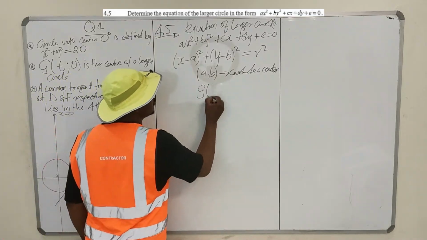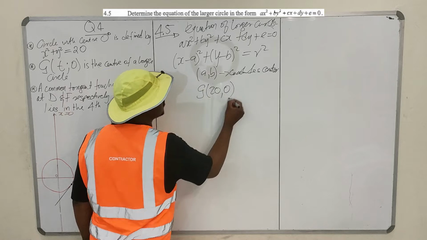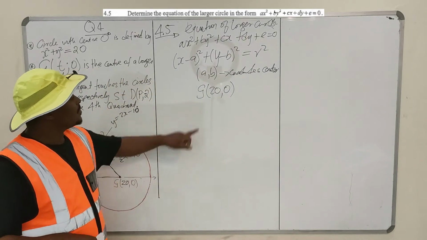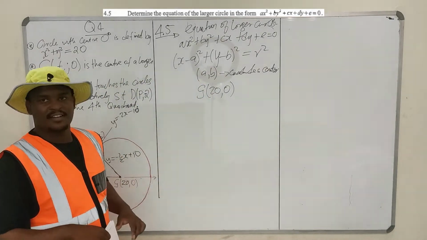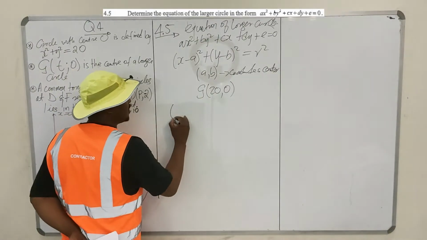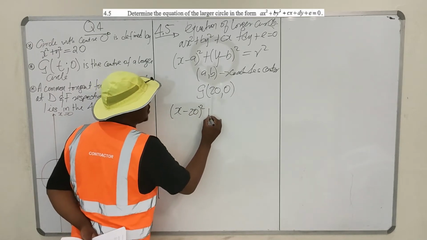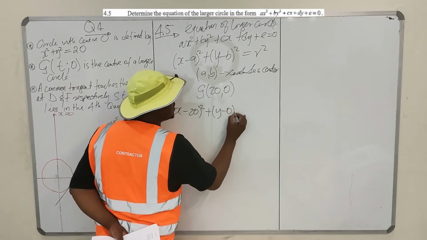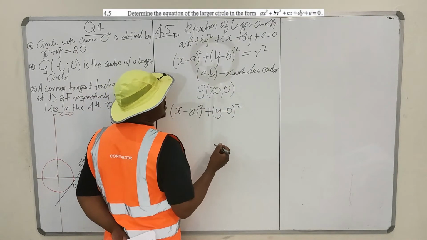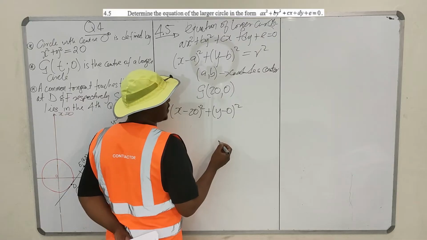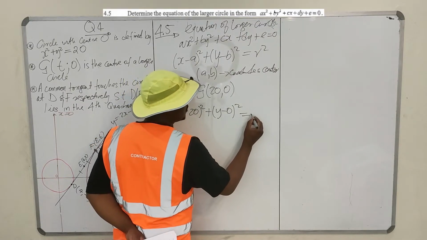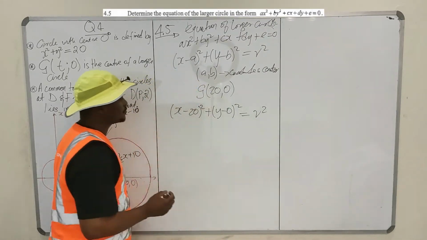It's G, which is 20 and 0. So we can substitute these coordinates of the center, so we will have x minus 20 all squared plus y minus 0 all squared is equal to r squared.